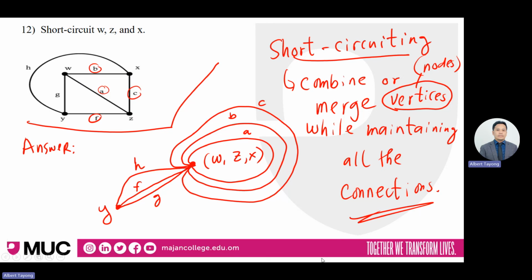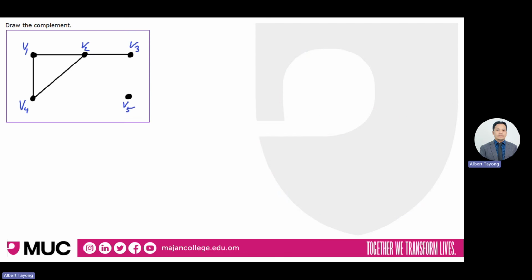So that is mainly the purpose of short circuiting, to save time, to optimize processes. Points, of course, because we are merging or combining some of the points. Let's proceed to the complement. Okay, we are done with short circuiting.